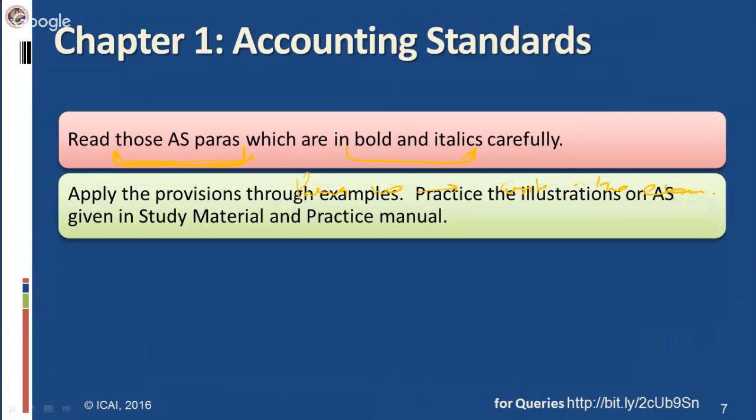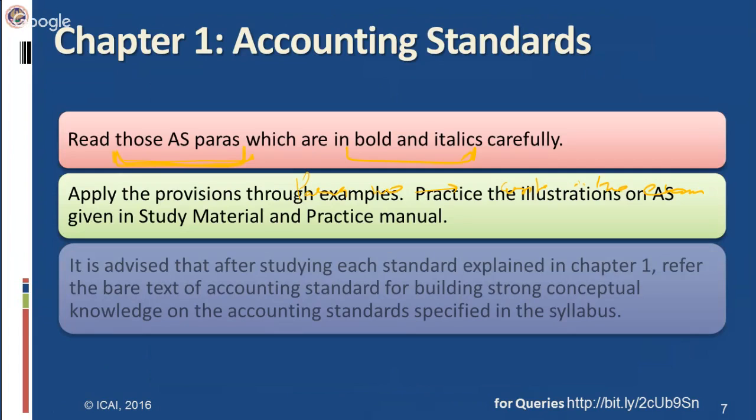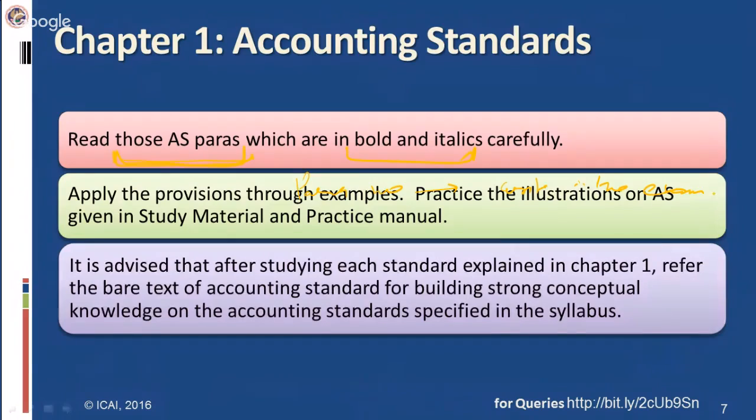Apply the provisions through examples, practice illustrations on areas given in the study material as well as the practice manual. I have already told you that there are plenty of problems in the study material which is being provided by the BOS to you, and the practice manual. It is advised that after studying each and every standard, the list I have already told you, which are explained in chapter 1, there is one appendix also given at the end of module 1.